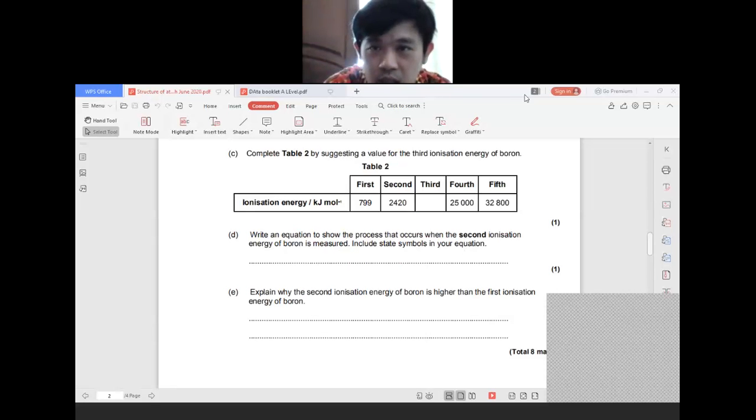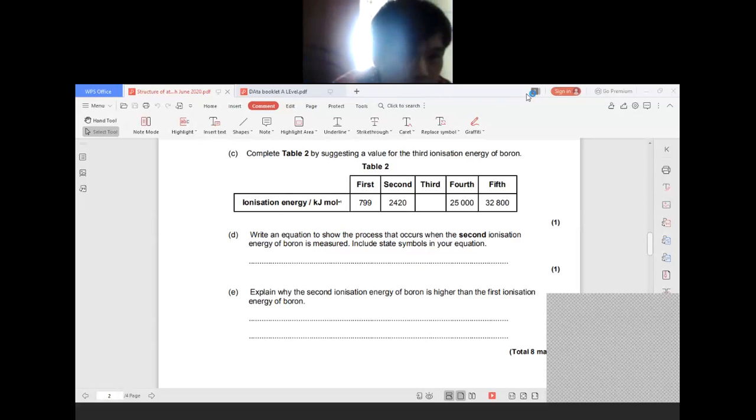Okay, it means like this. So boron, the first ionization energy of boron.